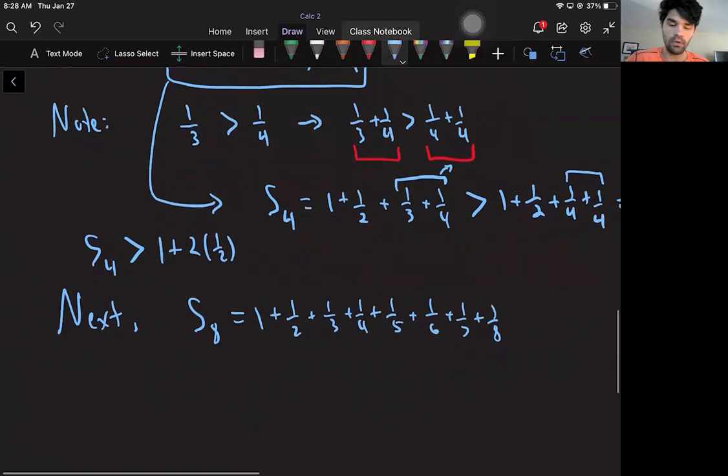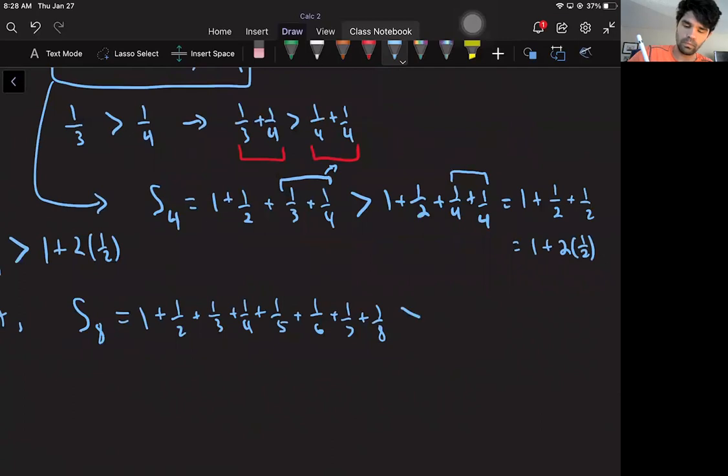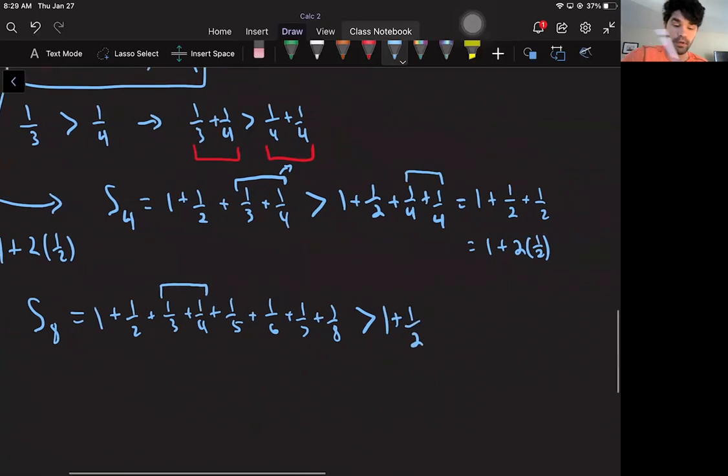And we're going to pull the same sort of trick here. So the first two we leave the same again. But this guy, we're going to say, well, that's bigger than a fourth plus a fourth.